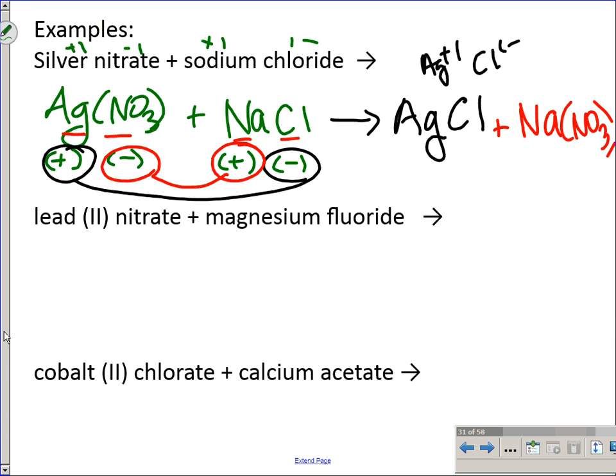So next to here, I told you guys to write AQ and then PPT to represent a solid precipitate. So then what do you want to tell me about this nitrate over here? Sodium nitrate. So soluble or insoluble? Always soluble, right? All nitrates are always soluble. Put AQ. And then what about chloride here with sodium?